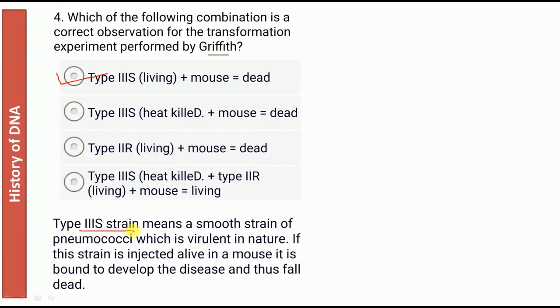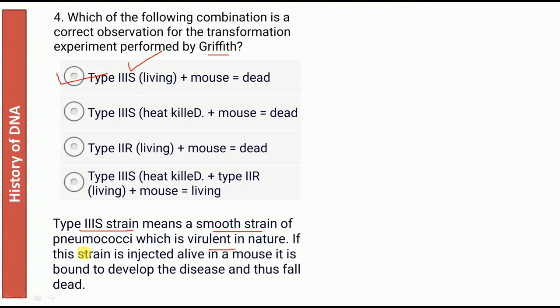Type 3 strain is the smooth strain and it is virulent in nature. As we have previously discussed, the capsule is present in this smooth strain of pneumococci, which is virulent.